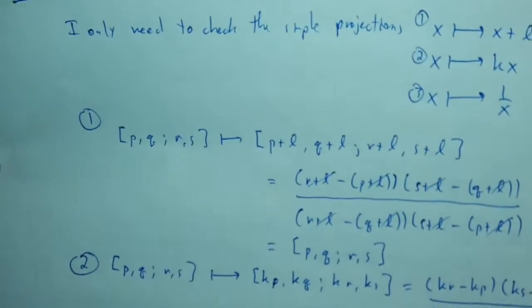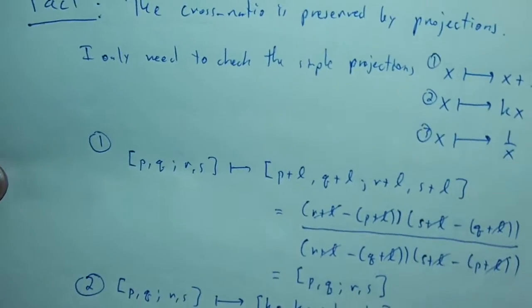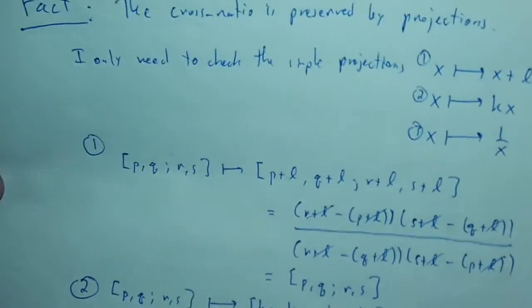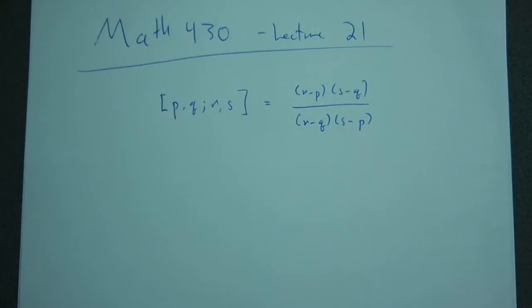Anyway, we saw in each case that applying each of these projections preserved the cross ratio, so it didn't affect it. So the cross ratio is a projective invariant in that sense. What we're going to show today by the end is that it's basically the only invariant.